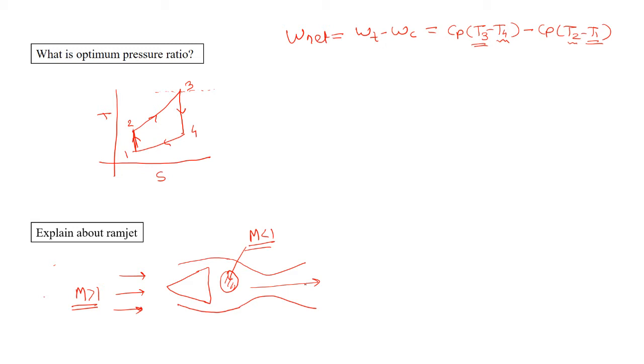So ramjet engine, in short, is an engine which has air at the inlet as supersonic, and which combusts the air in the subsonic speed. So that is what a ramjet engine is.